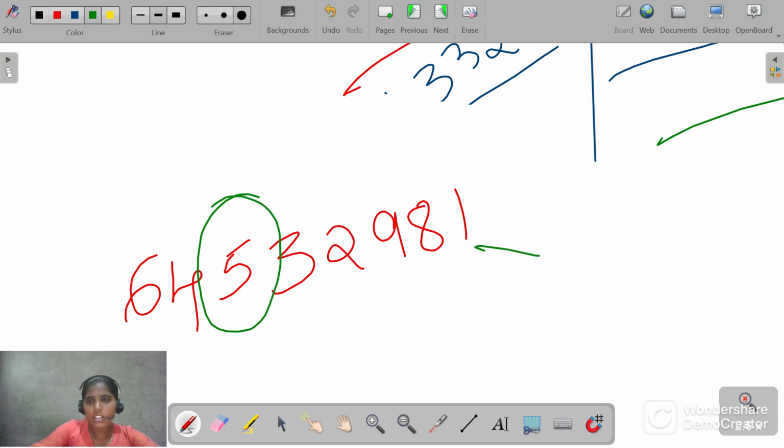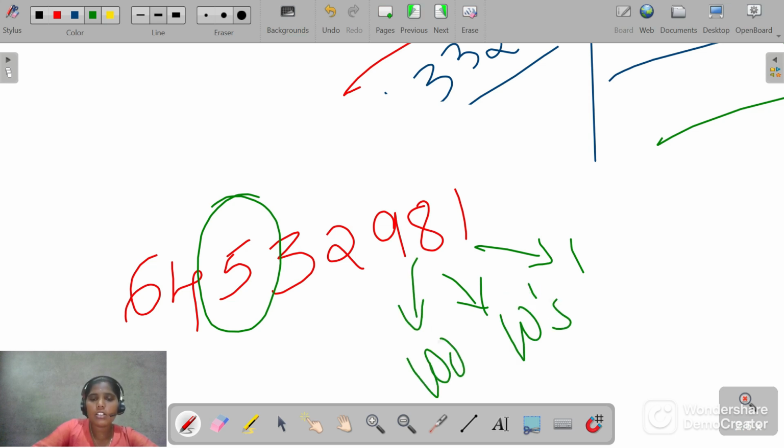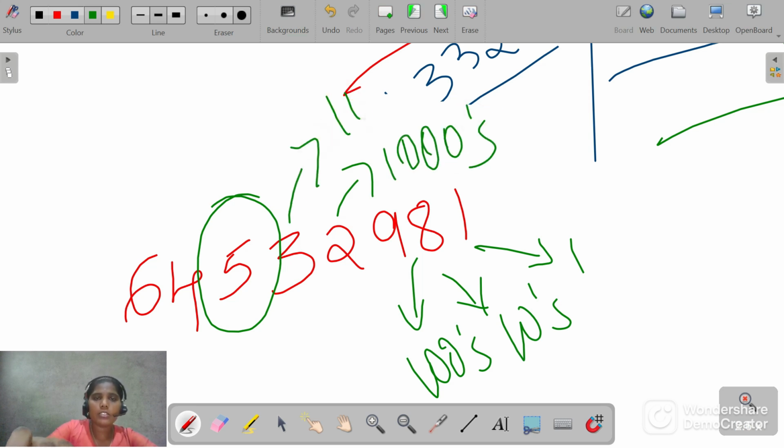This is ones, this is tens, this is hundreds, this is thousands, 10,000, and this is lakh.